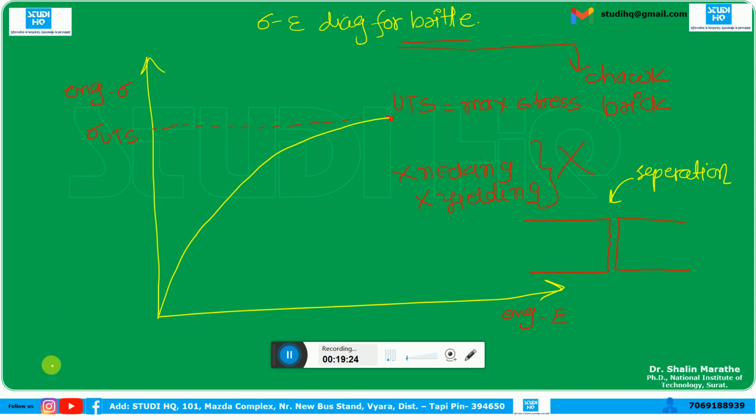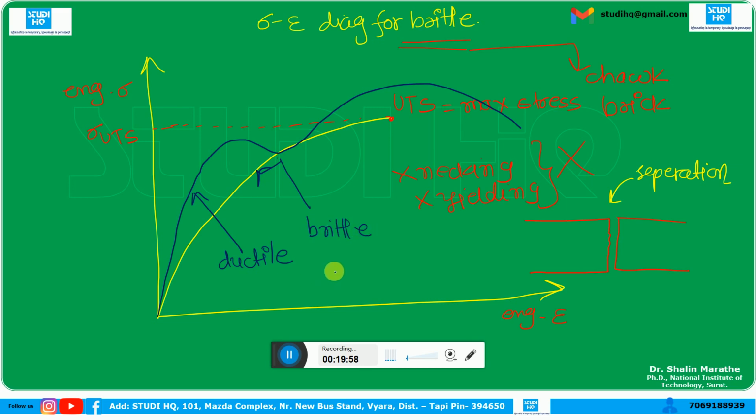Okay, so if I have to compare, see, the blue line is for ductile material, and this yellow line is for the brittle material.